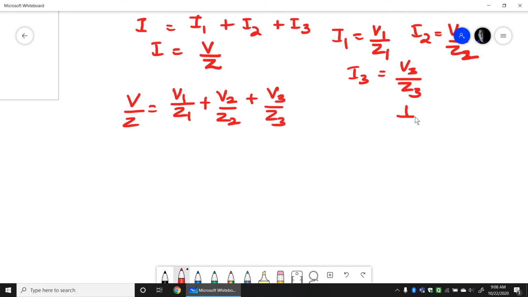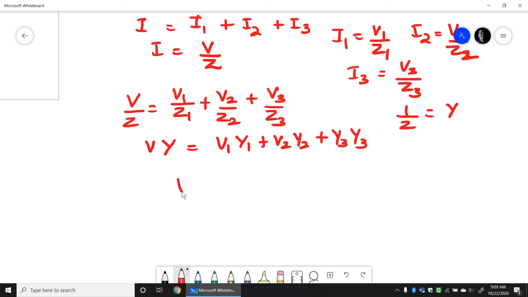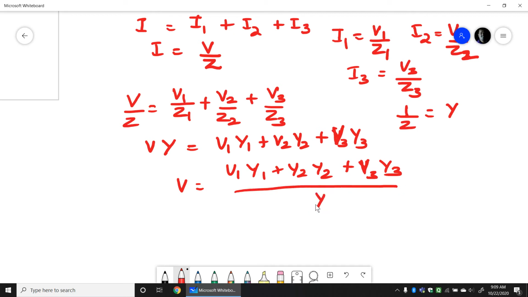We know that 1 over Z is nothing but the admittance. Therefore, I will say V into Y, which is equal to V1 Y1 plus V2 Y2 plus V3 Y3. So V would be equal to V1 Y1 plus V2 Y2 plus V3 Y3 divided by Y. Now this Y is actually Y equivalent.